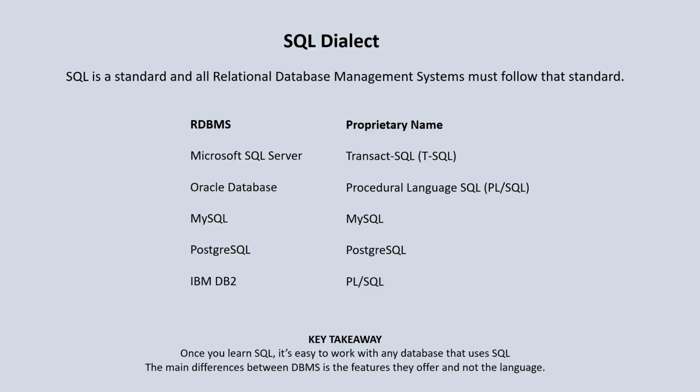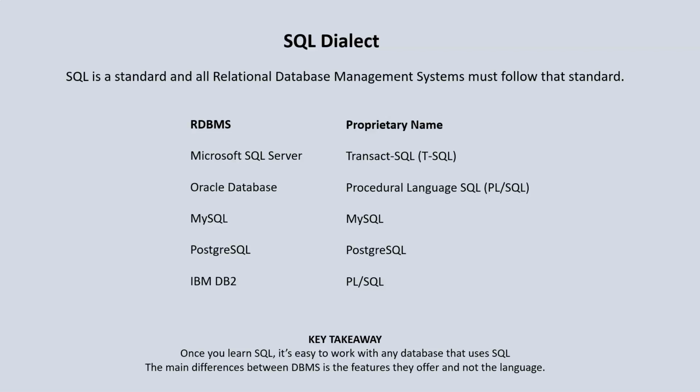I say pretty much because each relational database management system wants to distinguish itself. There are slight differences in some of the syntax used to perform certain operations, and they also have a proprietary name for their SQL. Microsoft SQL Server's proprietary name is Transact-SQL or T-SQL. Oracle database is PL/SQL.